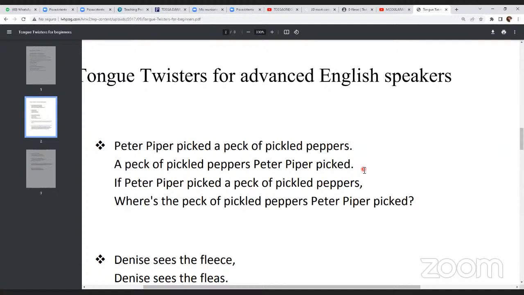Now we're going to do it a little bit fast, right? Here I go. Peter Piper picked a peck of pickled peppers. A peck of pickled peppers Peter Piper picked. If Peter Piper picked a peck of pickled peppers, where is the peck of pickled peppers Peter Piper picked? Do you get it?